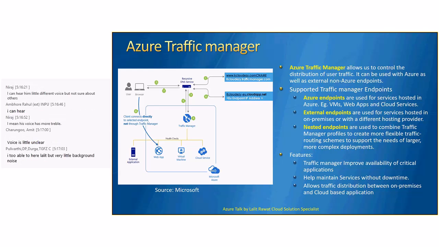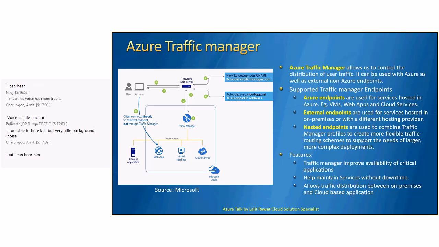And it has a couple of features which will help you to maintain your downtime, and it will allow your on premises and cloud applications based routing traffic, and you can manage and maintain your cloud availability through Azure traffic.